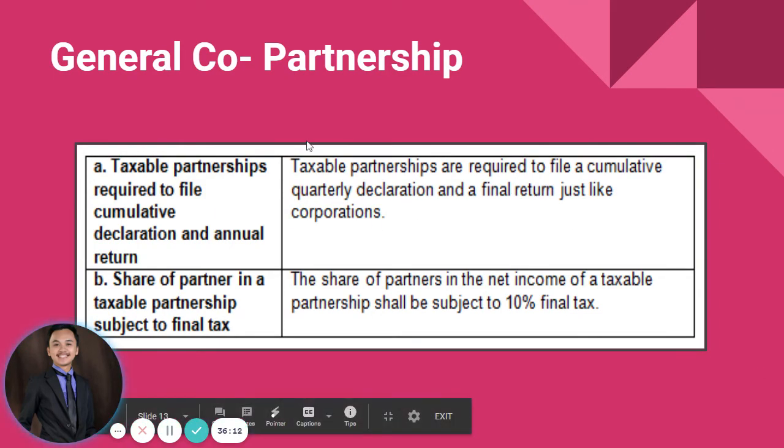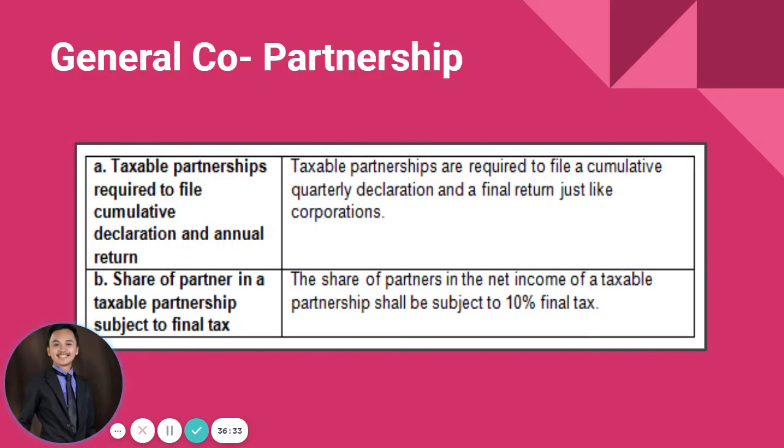Okay? Now, we have here the important points to remember for a general co-partnership. So, taxable partnerships are required to file cumulative declaration and annual return, as if it is a corporation. So, the corporation rules will be applied to the general co-partnership.